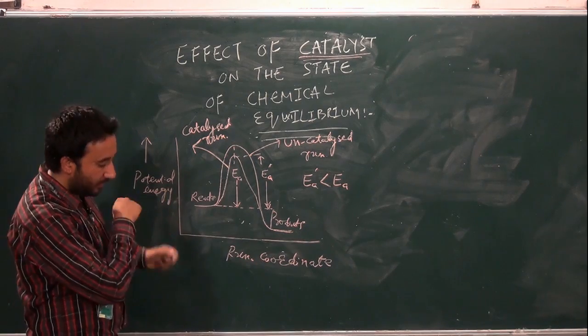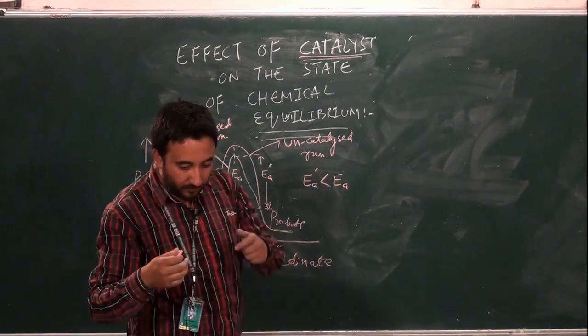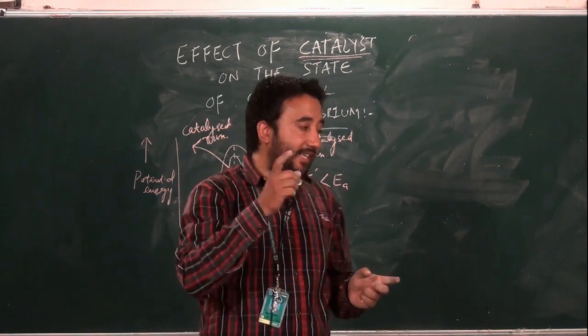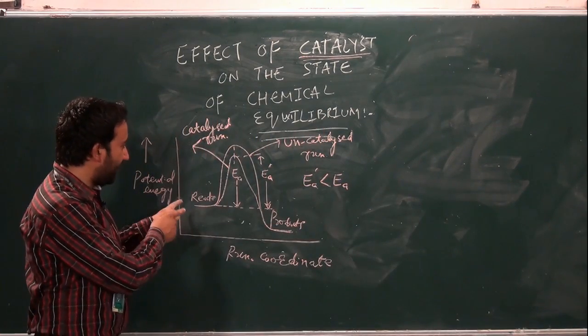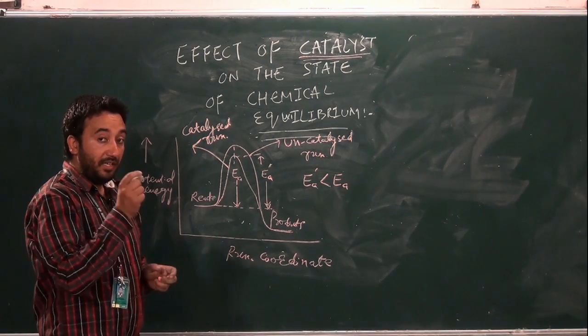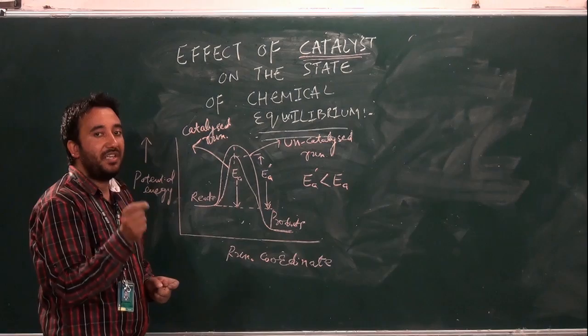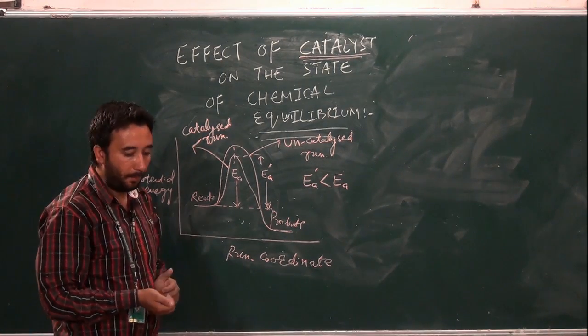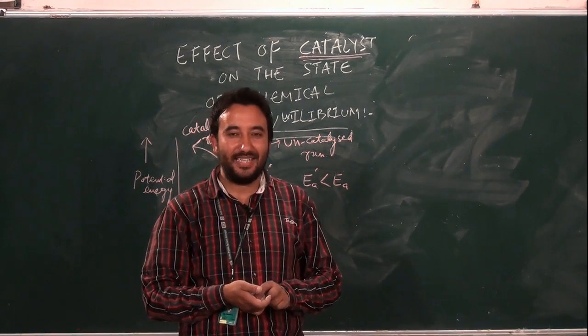So how does a catalyst decrease the activation energy? It's believed that the catalyst takes the reaction along the path in which activation energy is less. And for that we have a theory called the activated complex theory.